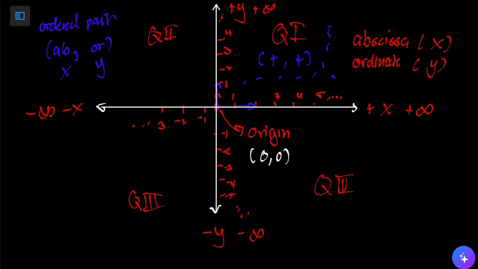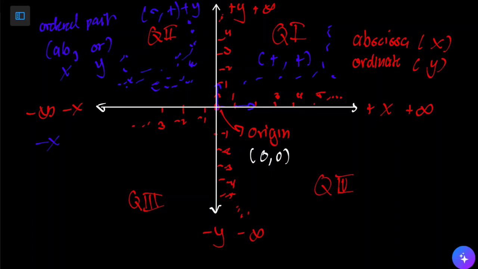Similarly, in quadrant 2, your points will be located here, going towards the negative x but towards the positive y. So your abscissa and ordinate in quadrant 2 should be negative and positive.